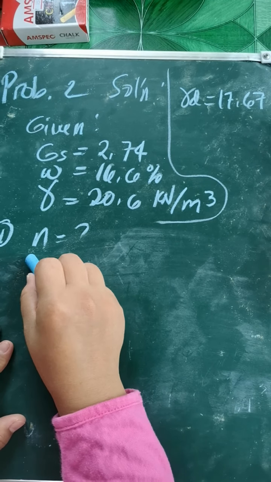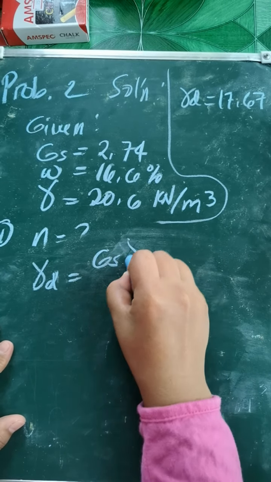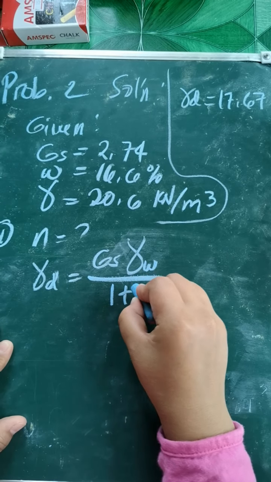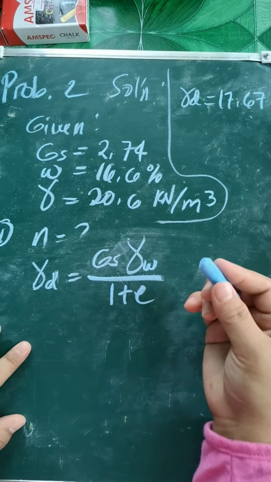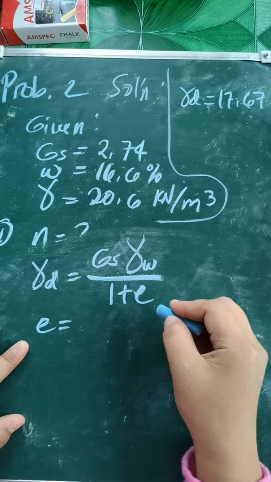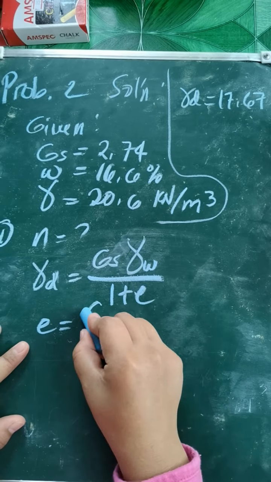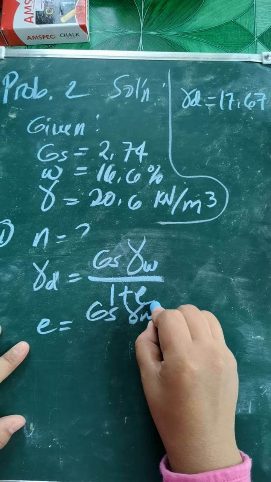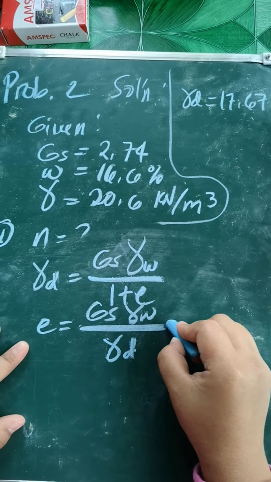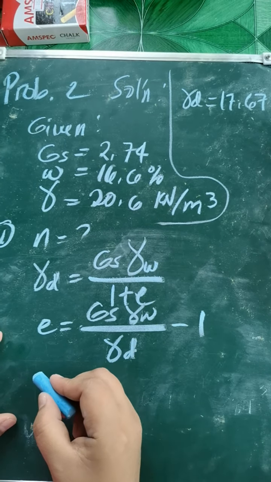We have the equation gamma dry equals GS, or specific gravity, times unit weight of water all over 1 plus E. To get the value of E, we're going to derive the equation: cross multiply, so we have E equals GS times unit weight of water over gamma dry, minus 1. So we substitute the values.